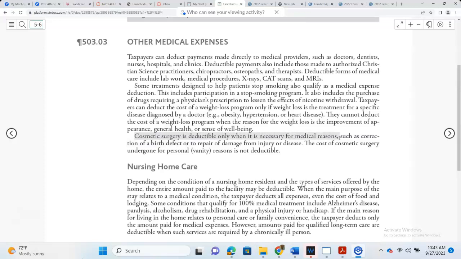That is not a medical expense unless it is necessary for a medical reason. Personal vanity is not deductible, right? Cosmetic surgery for a personal reason is not.